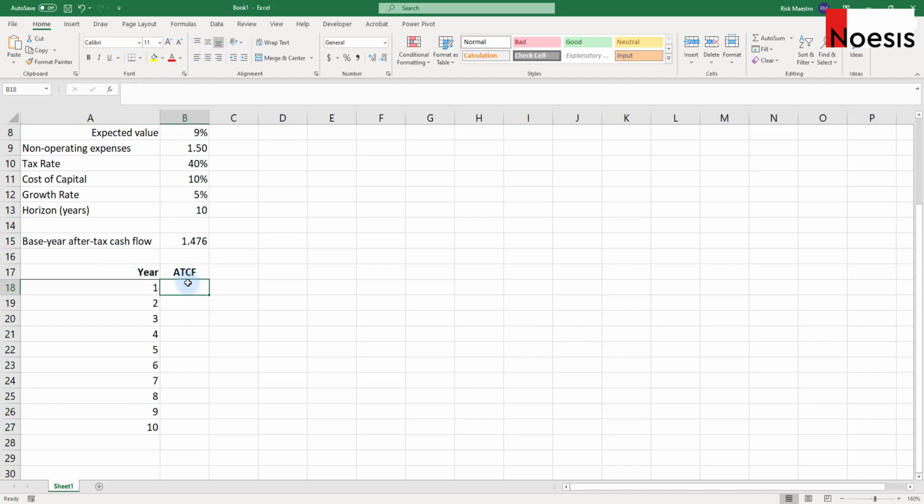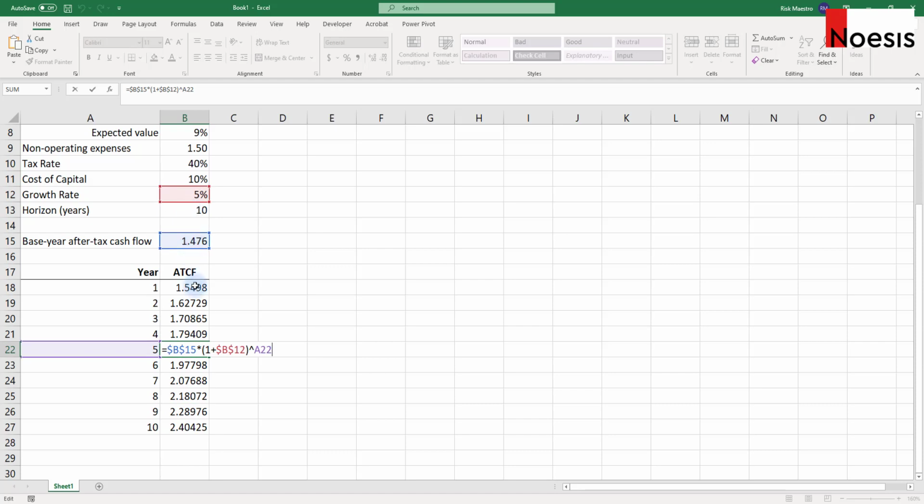Starting from the base year, we'll lock it in and then multiply by 1 plus the growth rate. Let's lock that in as well, and to the power of the year. So every year the after-tax cash flow will grow at 5%. Let's copy that down, making sure that everything is tied to these two. So we have everything we need.